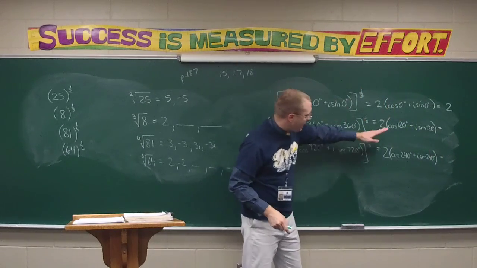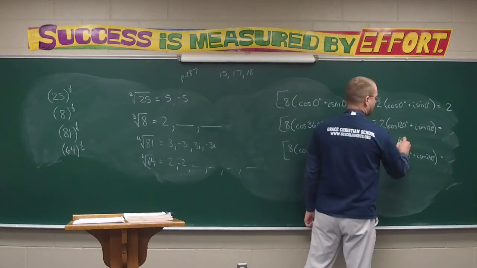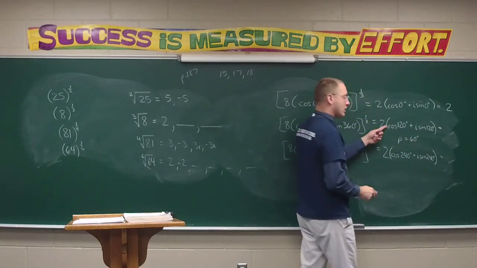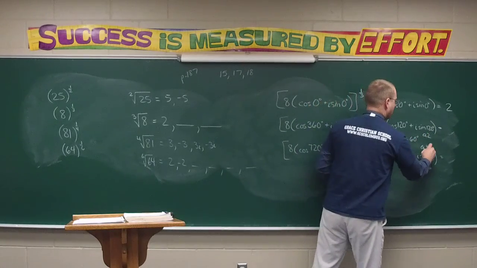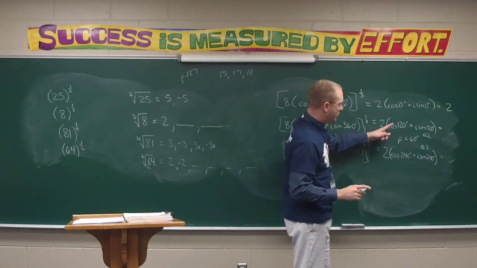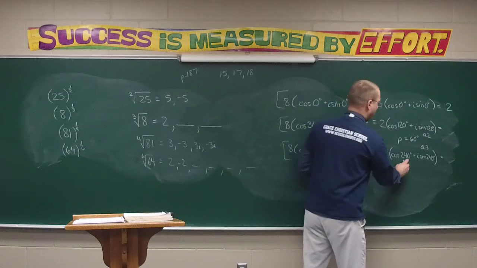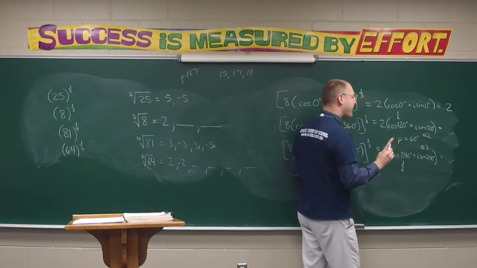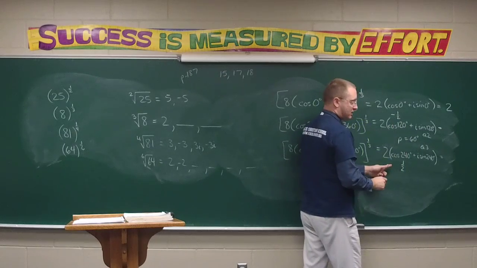Well, in both cases, what's the reference angle? But here it's quadrant 2, and here it's quadrant 3. In both cases, what's the cosine of 60? 1/2. 1/2. But in quadrant 2 cosine is negative, in quadrant 3 cosine is still negative.